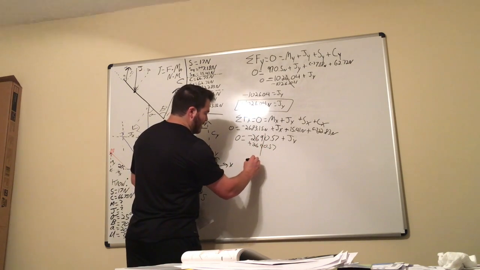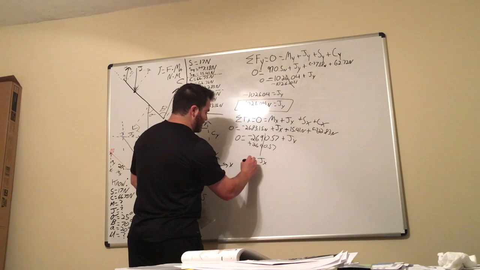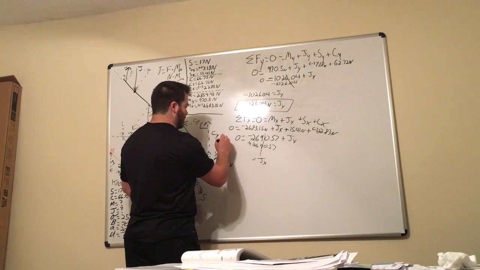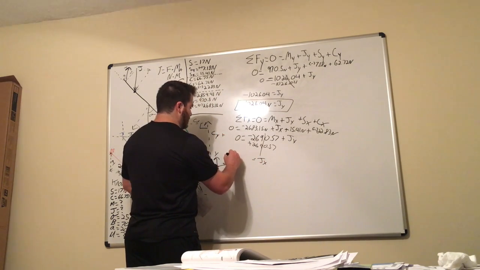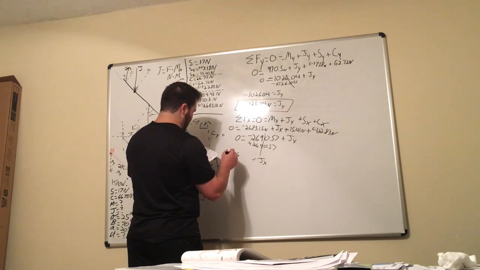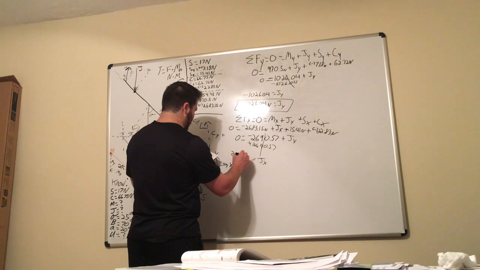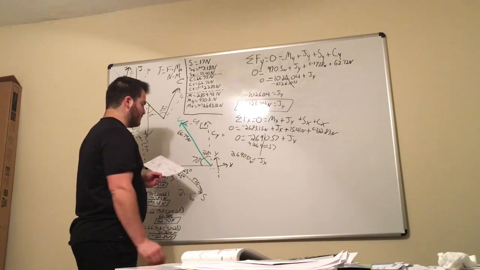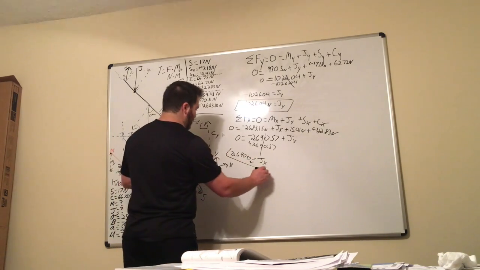That cancels out, and you have J of x is equal to the positive that we just added over here. So it's going to be 2,690.57 newtons. And that is our J of x.